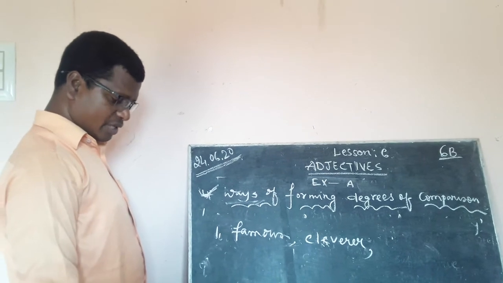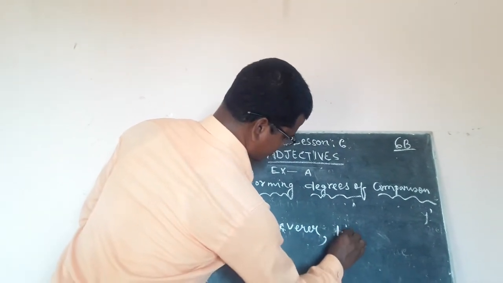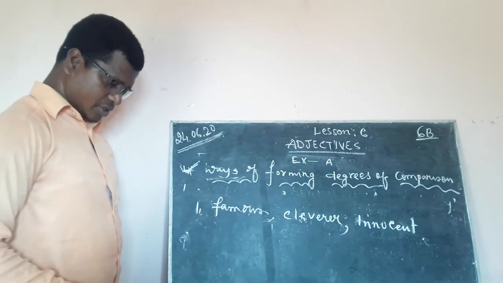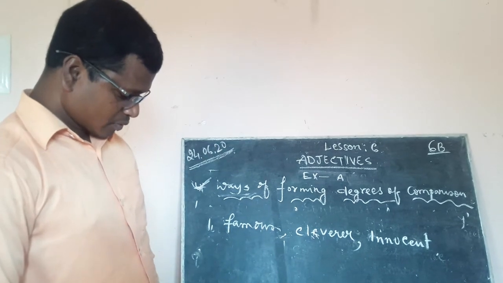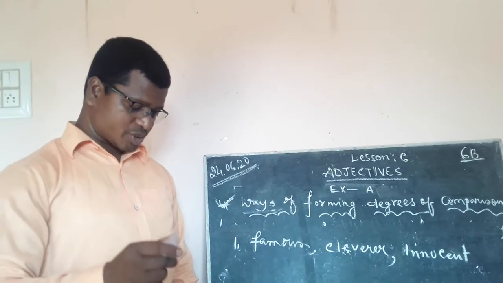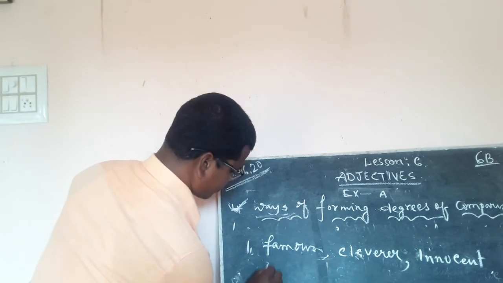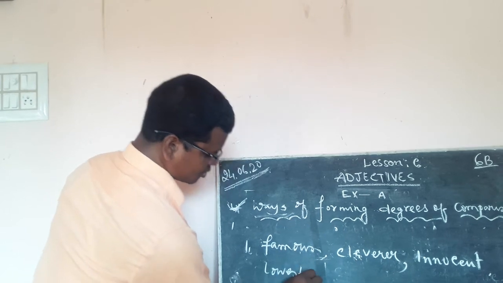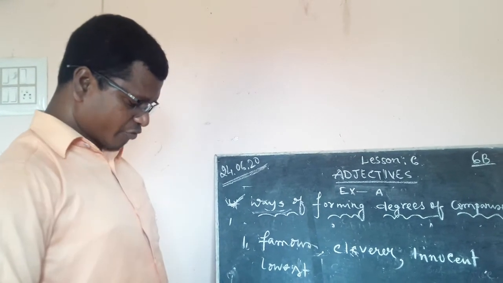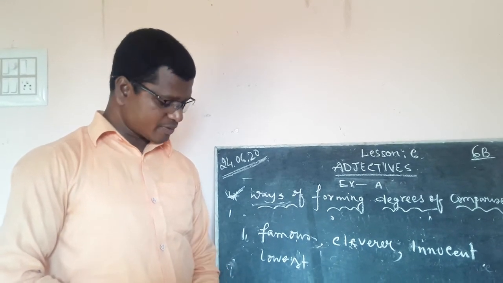Here we will write innocent. The bird built his nest on the lowest branch of a tree. Here I will be writing lowest, lowest branch of a tree, as he trusted the fox as his friend.